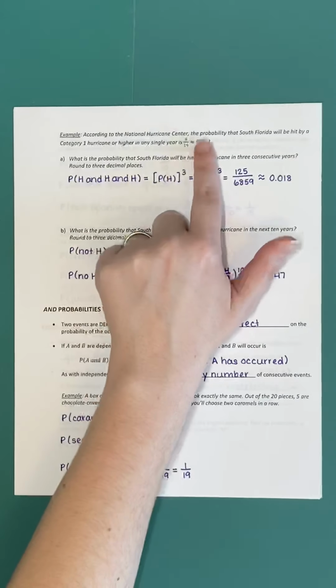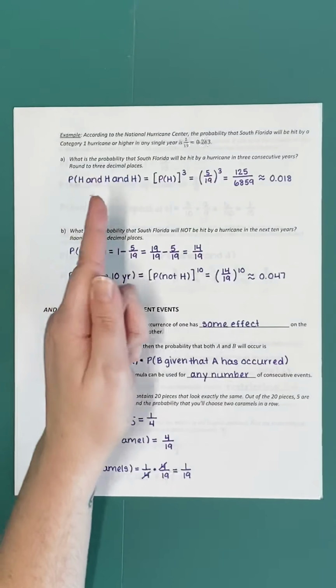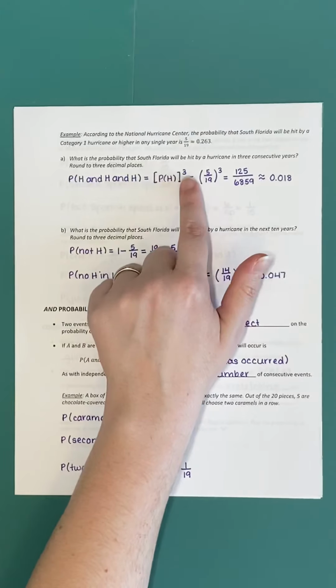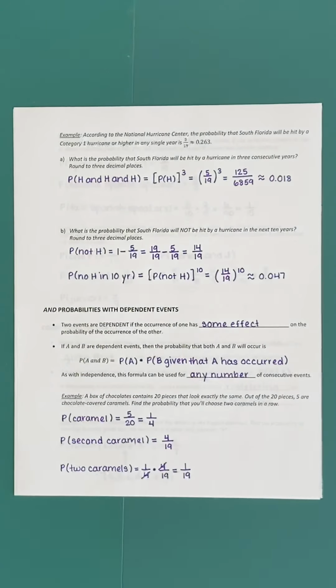Hurricane 2, same probability. Hurricane 3, same probability. So we're taking the product of those 3 probabilities, which is the same thing as taking that probability, which is common to all 3, and then cubing it. So the probability of a hurricane is 0.263, or exactly 5 out of 19 in this case, and then we're cubing that.